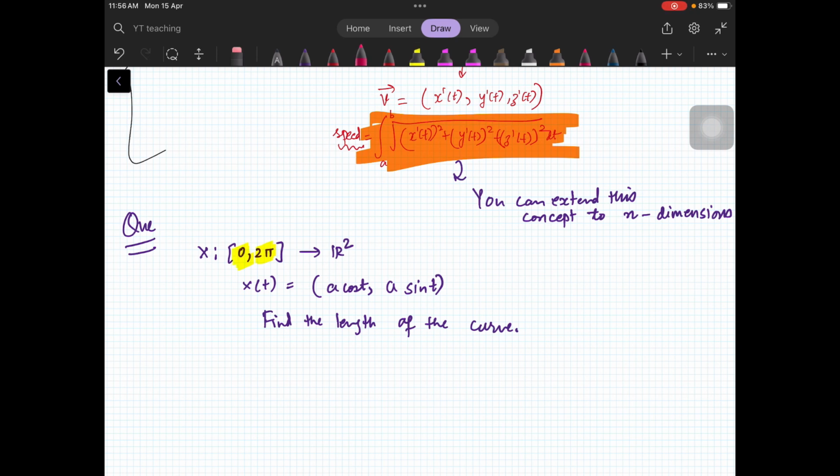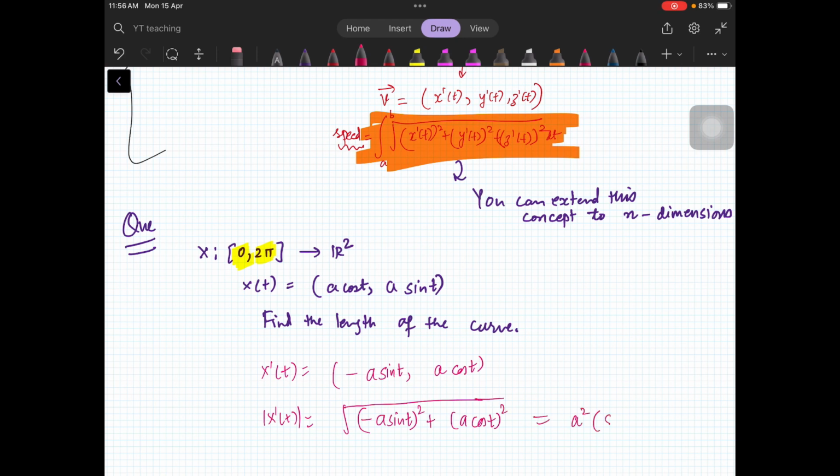So we are going to find our velocity vector first, which is going to be (−a sin t, a cos t), and then we are going to find out its magnitude, which is the square root of (−a sin t)² plus (a cos t)², which is equal to a times the square root of sin² t plus cos² t, which is equal to a, right?